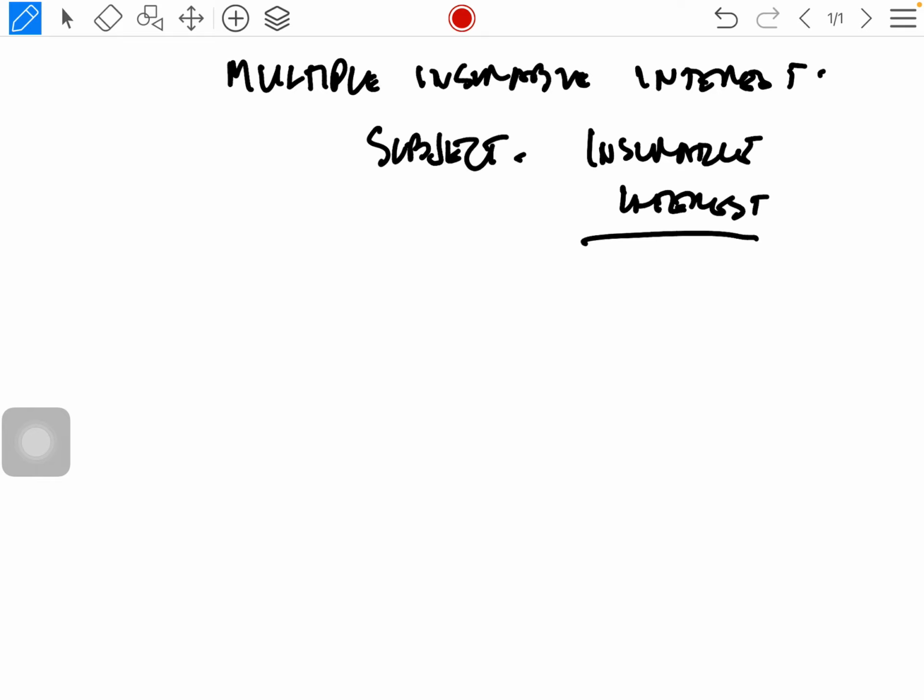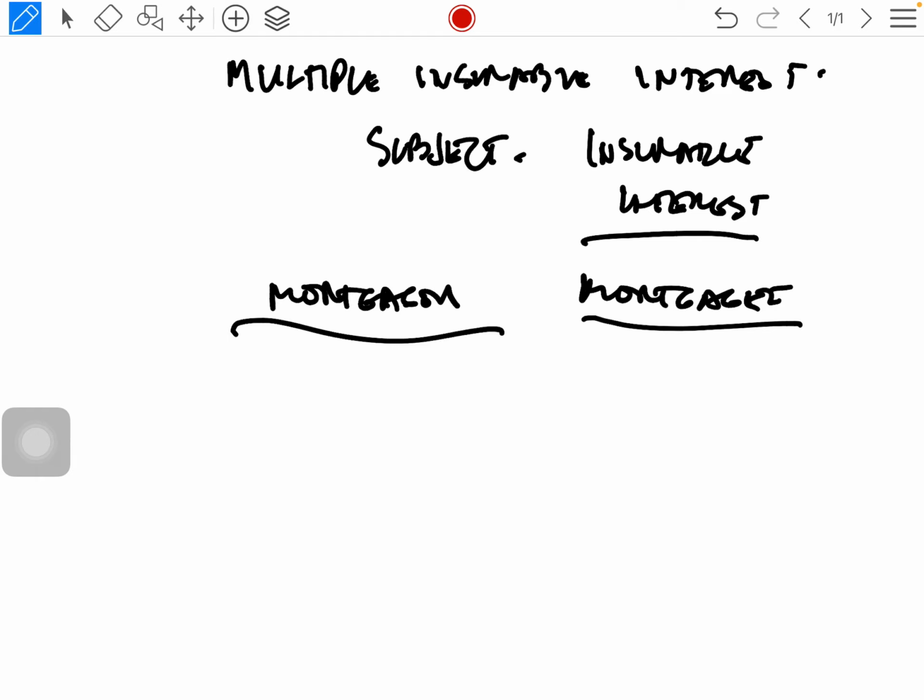And the insurable interest is founded on other rights to it. The best example would be you have a mortgagor and a mortgagee.